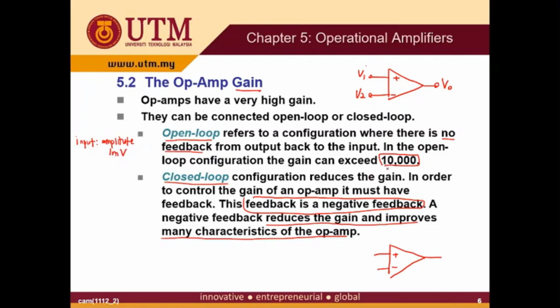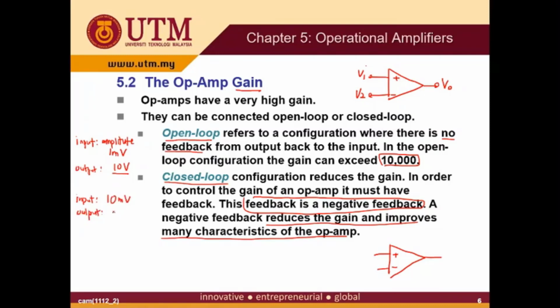If you have a gain of 10,000, the output will become 10 volt. 10 volt is actually okay, but if the input is increased to 10 millivolt, what happens to the output?